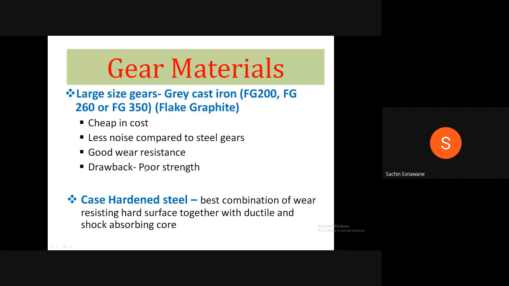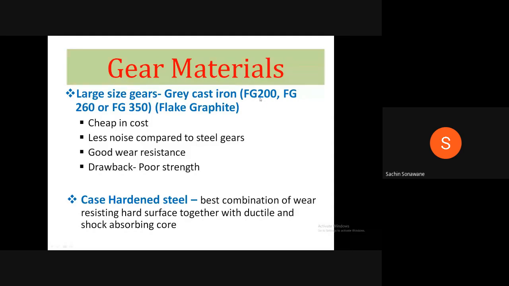Now, large size gears. Large size gears are manufactured using gray cast iron, FG 200, FG 260 or FG 350. Therefore, what is meant by FG 200 or FG 260 or FG 350? FG means flake graphite and 200 means its yield strength, in Newton per mm square.